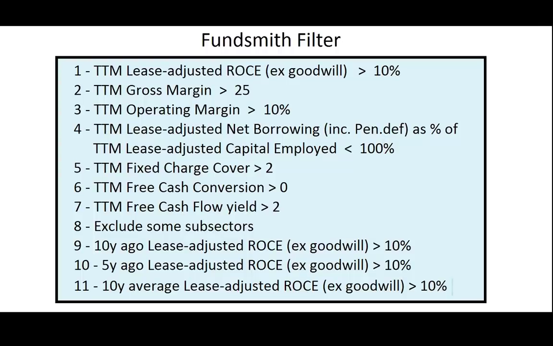It makes sure that the ROC was at least 10% 10 years ago, it was at least 10% 5 years ago, and that the average over the last 10 years has been at least 10%. You could technically make sure that every single year, so do the 10, the 9, the 8, 7, 6, etc. years ago, but this is probably sufficient.